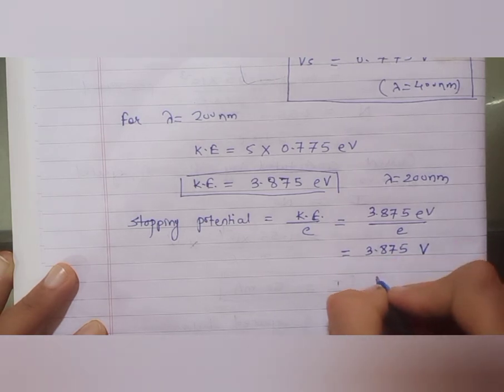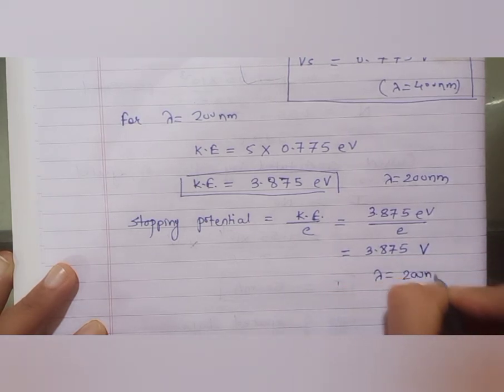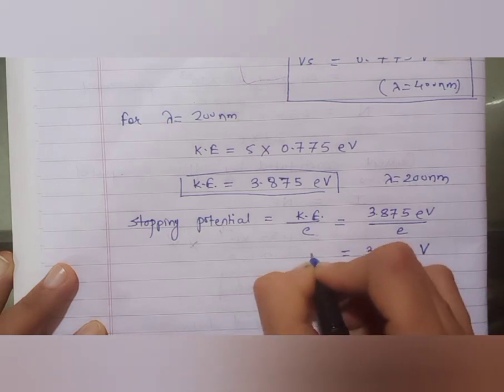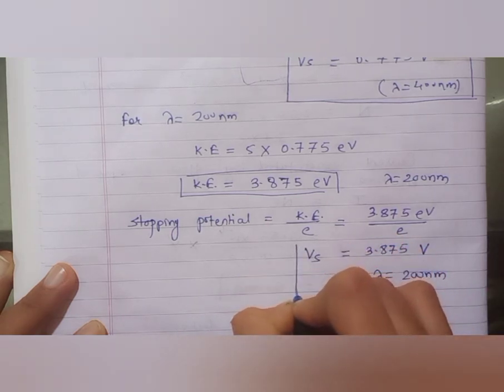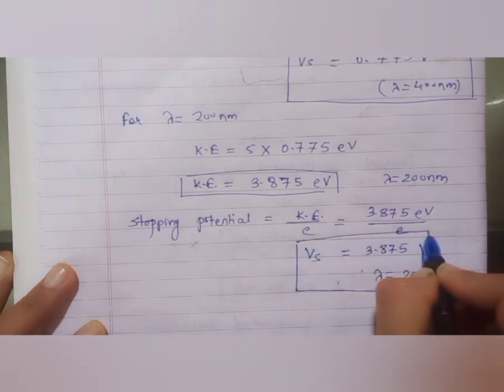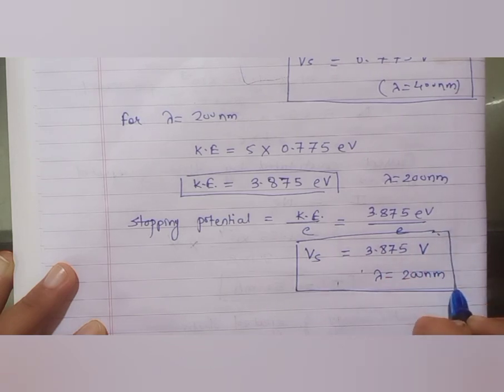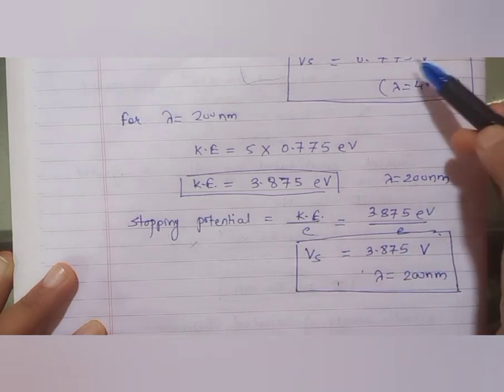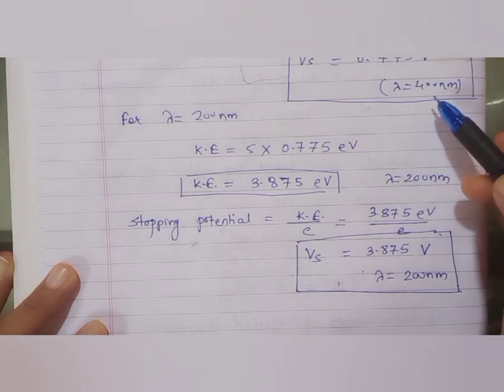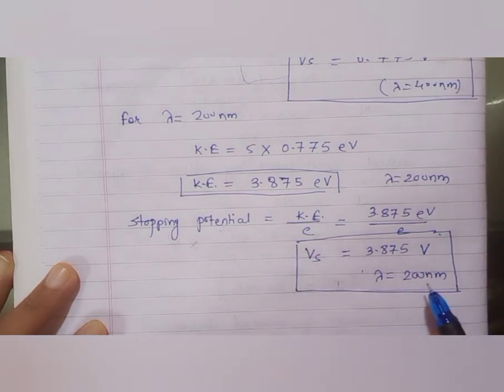This is for lambda equals 200 nanometer. So this is the final answer. We calculated the current ejected by photoelectrons, the stopping potential at lambda equals 400 nanometer, and the stopping potential at lambda equals 200 nanometer.